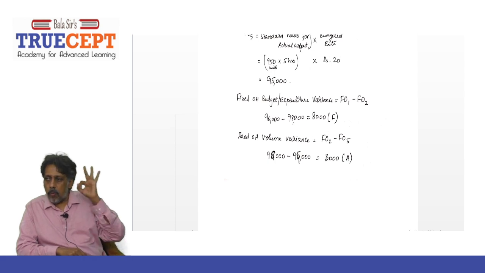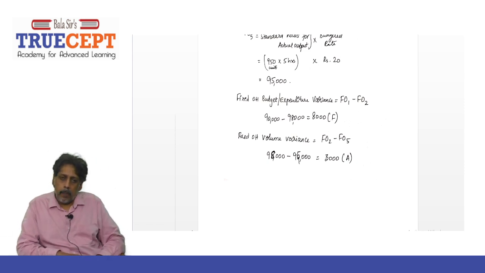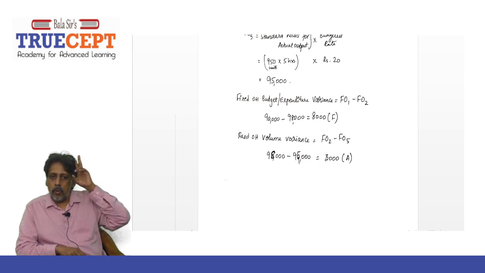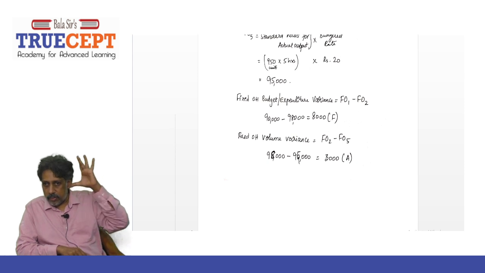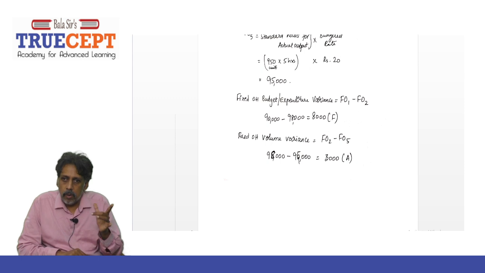And that is your volume variance, rupees 3,000 adverse. So guys, it's a wonderful example. This can repeat itself in examination. Learn this really well. It is two chapters combined, standard costing and process costing, in brackets equivalent units. Is that fine?